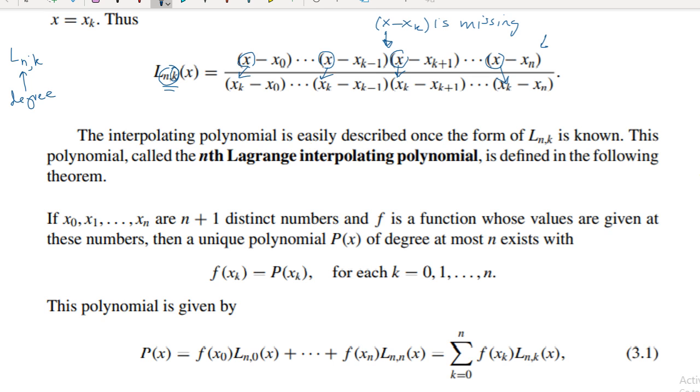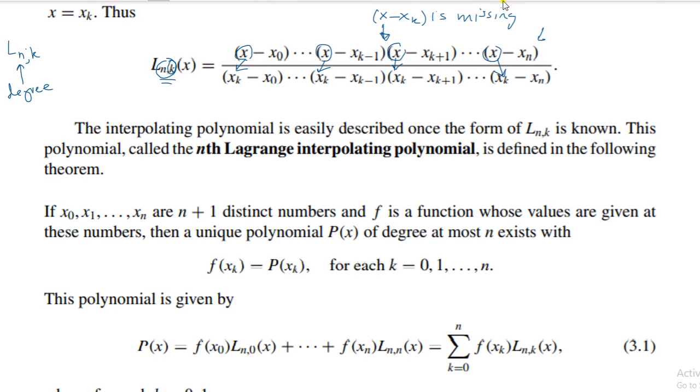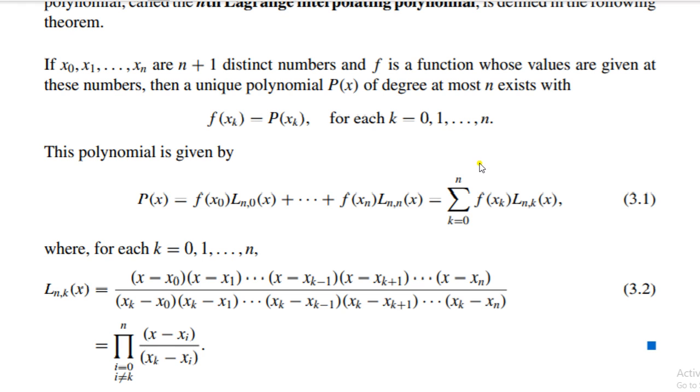After getting that, we will keep multiplying these with f of x0, f of x1 and so on. So you see our polynomial will become, we will take all these, keep multiplying with f(x) and add them.